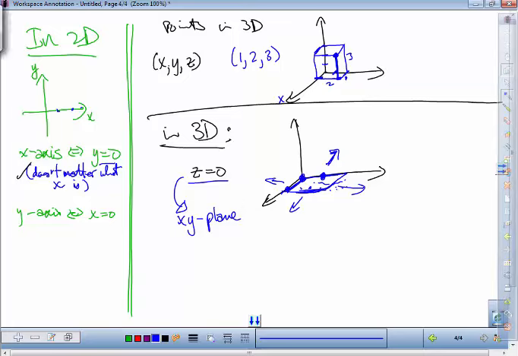So in fact, a probably slightly better drawing of this might be to draw a generic rectangle on the xy plane and just say, imagine that's going to go on forever.